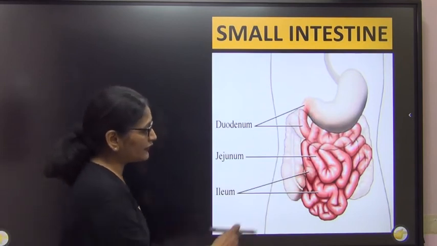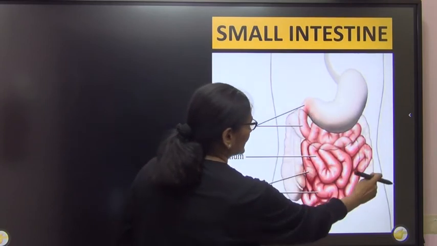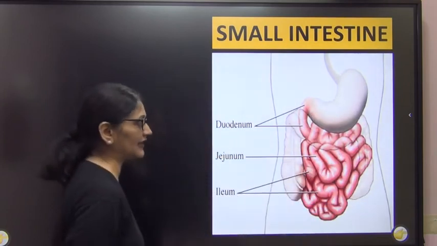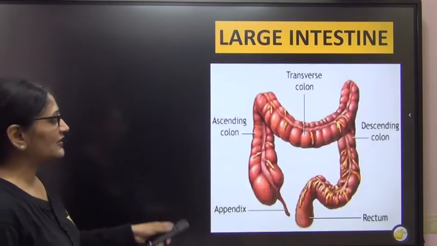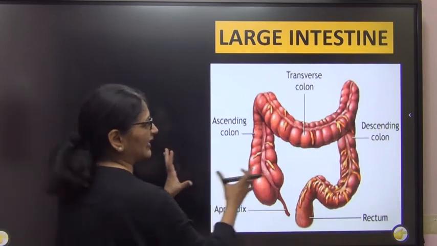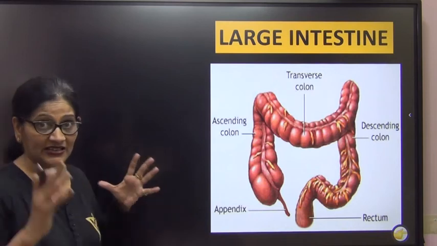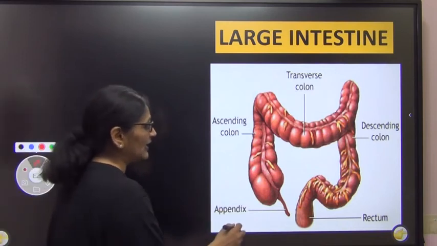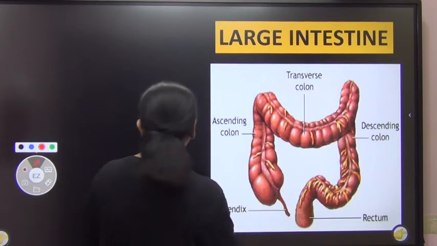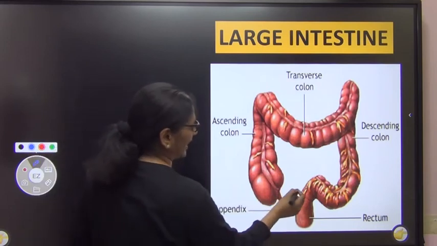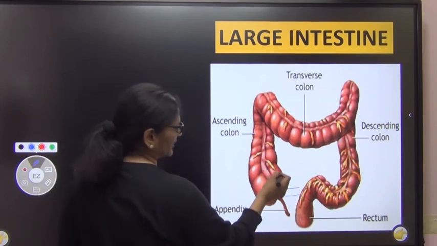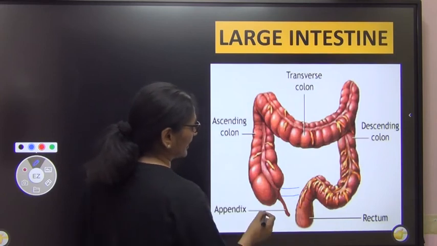Now if you look at this light colored part, that is your large intestine. Let us see how the large intestine looks. I have just taken out the large intestine. The large intestine is not large in size, it is actually larger in diameter. The place where the small intestine meets the large intestine, after that the large intestine starts.